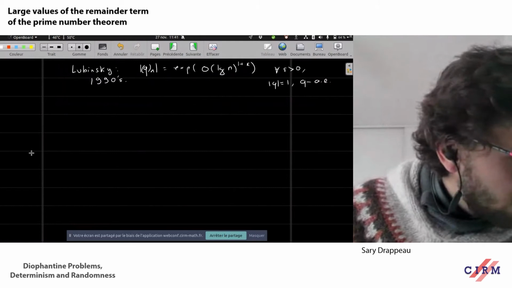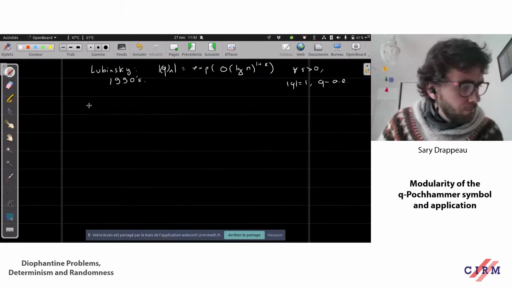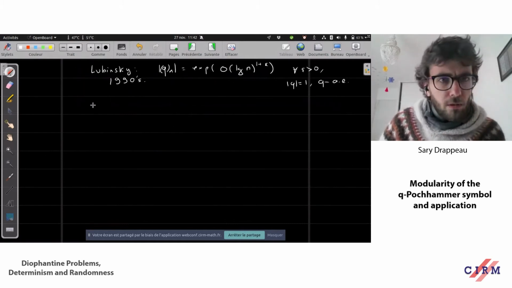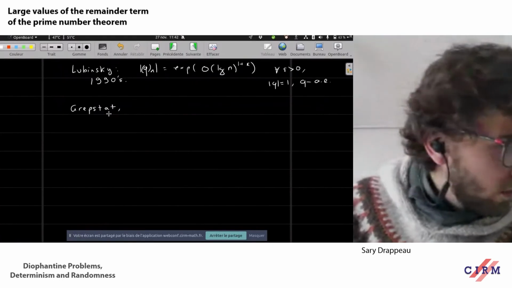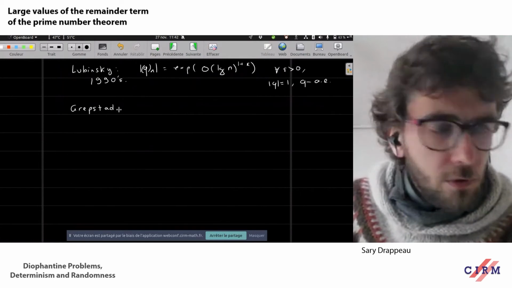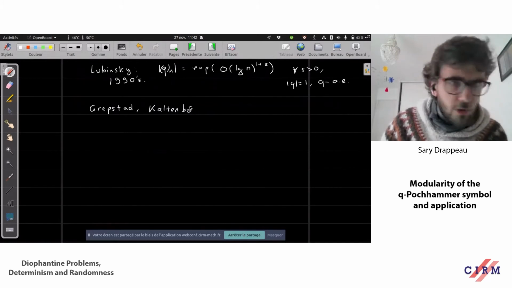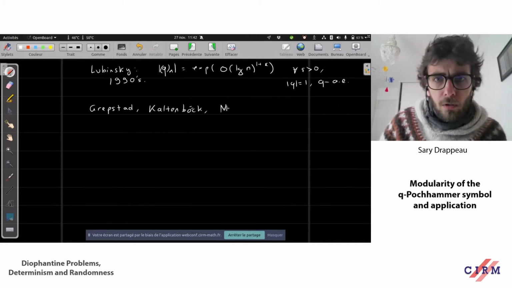Some further very recent work, very nice theorems. This has been revived very recently by Grepstad, several authors. So Grepstad, sorry, with a d, I apologize for this. Kaltenbach, who are in Norway, I think. Neumüller from Linz.